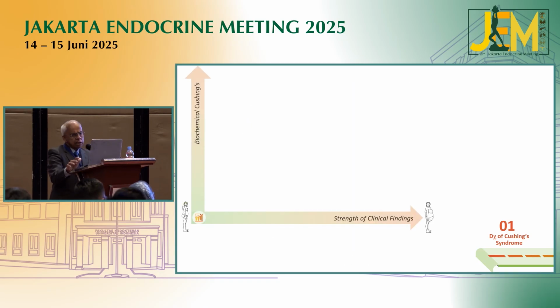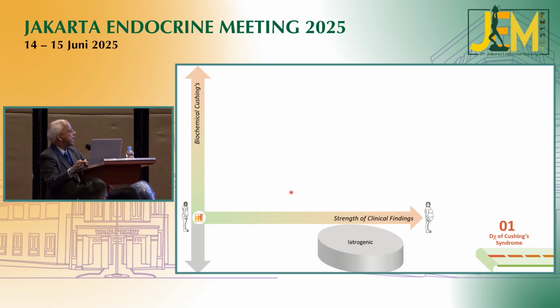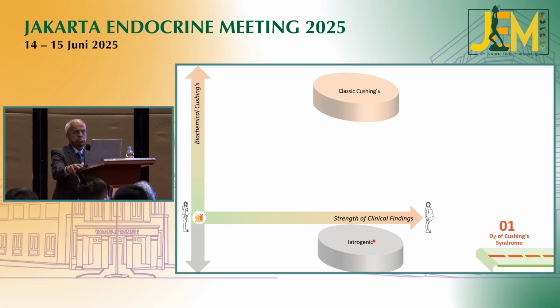So if you think of Cushing's as a model, it depends on symptoms, and it depends on biochemical findings. The patient with iatrogenic Cushing's has deficiency but clinical features of Cushing's. That's a classic Cushing's. Biochemistry and clinical are concordant.